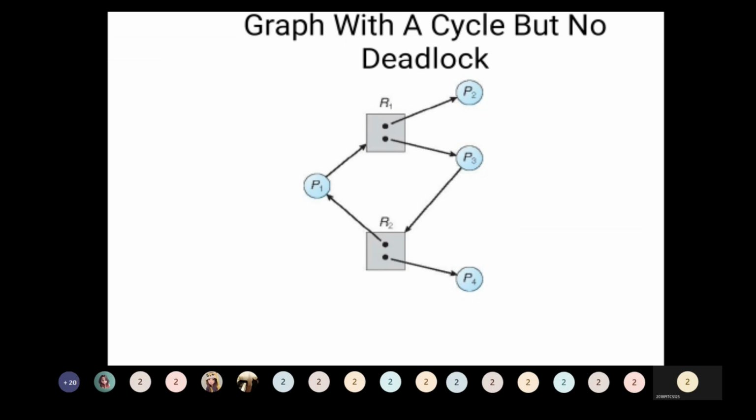So how many processes are in this resource allocation graph? You have four processes P1, P2, P3 and P4. You have two resource types R1 and R2. R1 has two instances and R2 has two instances.